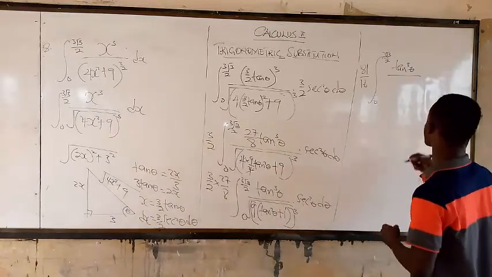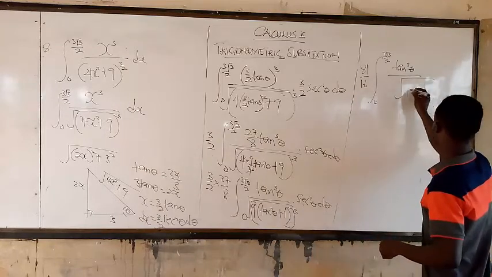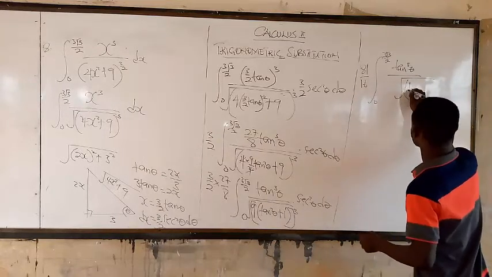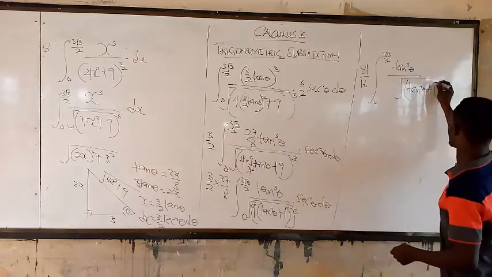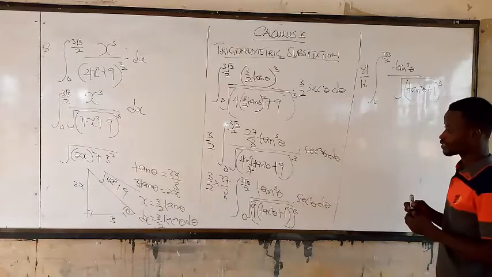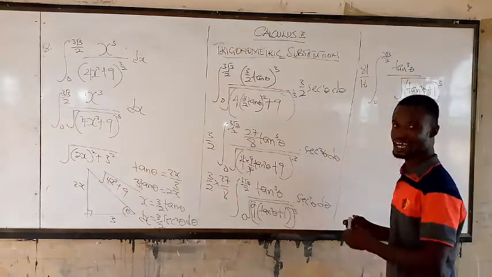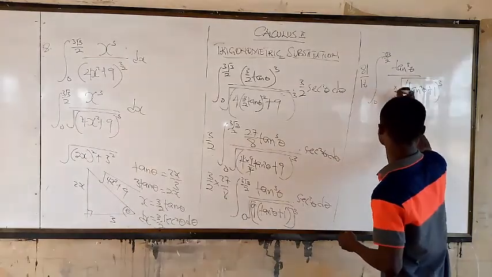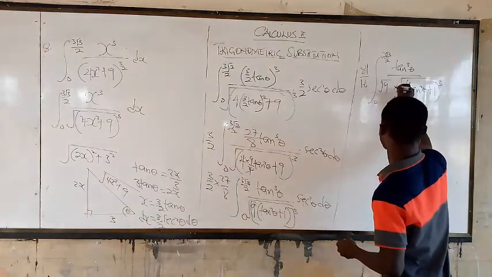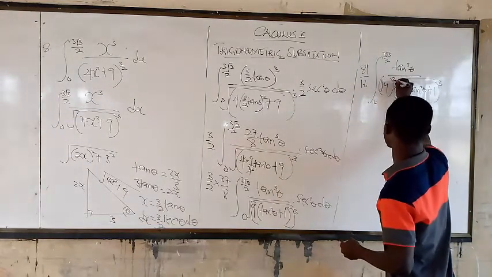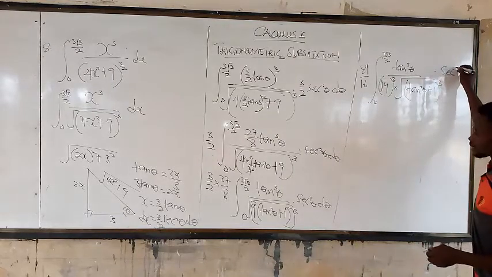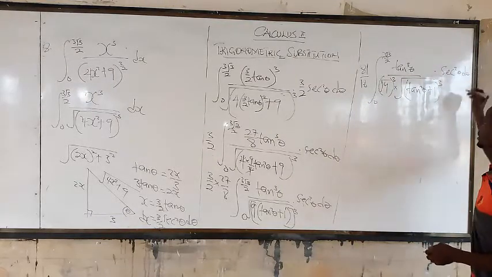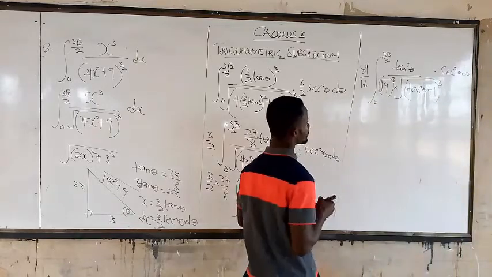Because we are going to get something like this, times tan square theta plus 1 to the power 3. Then the 9 there too, we are going to have square root of 9 and all to the power 3. I hope you can see that. Sec square theta d theta.